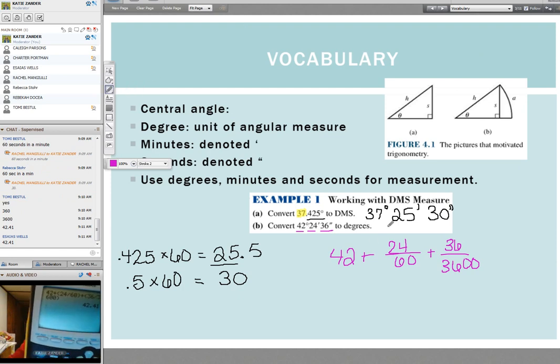That the degree part wasn't going to change. The only thing that was changing was the minutes and seconds are being converted to an actual decimal answer. Okay, any questions with that?